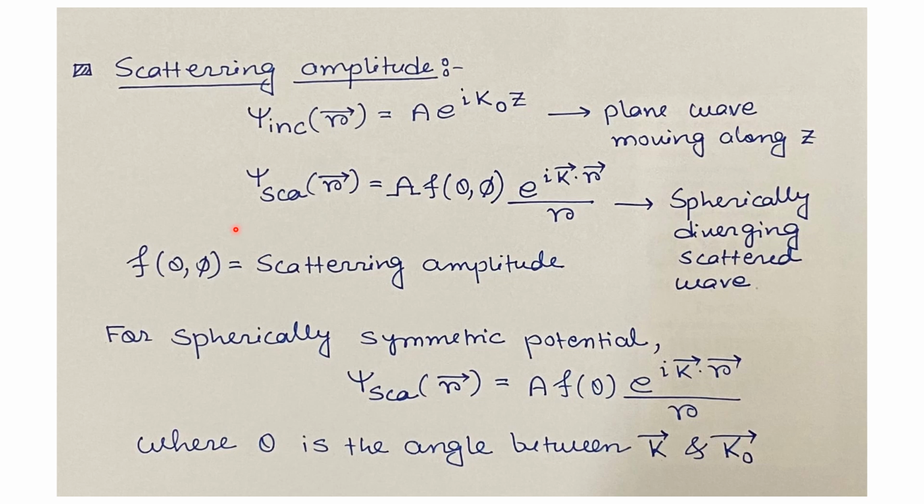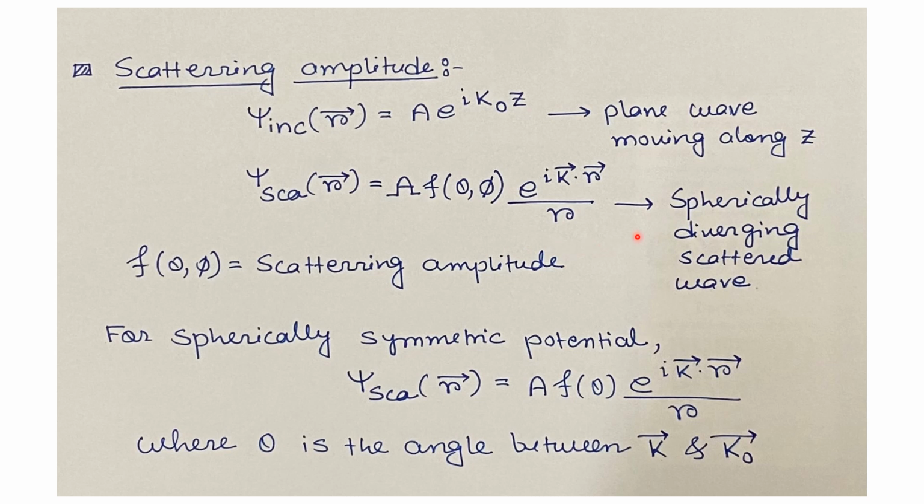Its amplitude depends on the direction theta, phi along which it is getting scattered. Therefore, the actual scattering wave function is given by psi scattered as a function of r vector equals A times the scattering amplitude function, f as a function of theta, phi, times e to the power i k r divided by r.